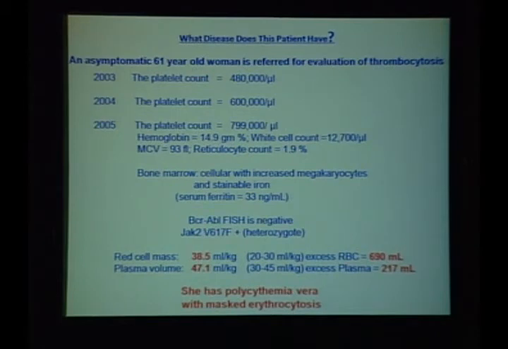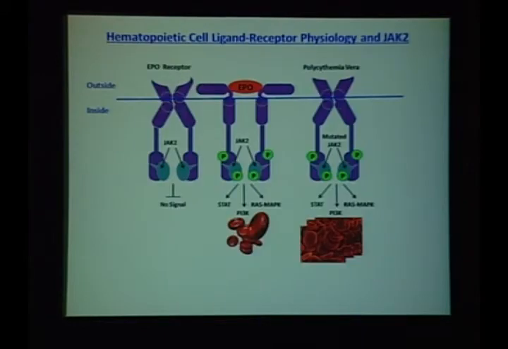The World Health Organization workup certified bone marrow, heterozygous for Jak2, normal iron. This woman has to have ET. No, she doesn't. Hematocrit is a little high. We did a red cell mass and plasma volume, and she had polycythemia vera, because in polycythemia vera, the plasma volume expands and it hides the number of red cells. So you have to watch out what's going on.